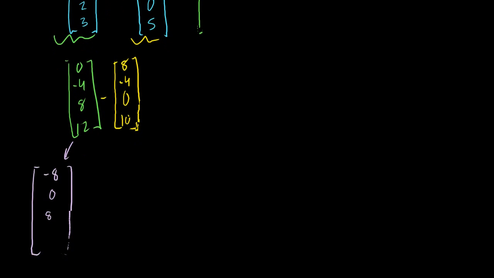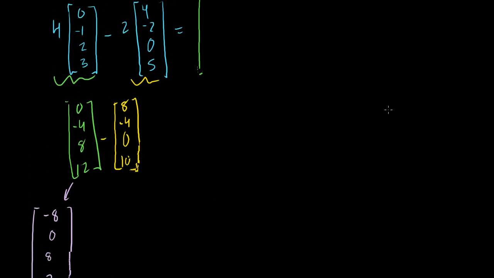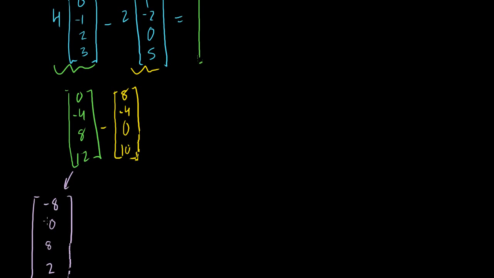So it's 12 minus 10, so it's 2. So when we take this vector and multiply it by 4 and subtract 2 times this vector, we just get this vector. And even though you can't represent this in an easy graphable format, this is a useful concept. And we're going to see this later when we apply some of these vectors to multi-dimensional spaces.